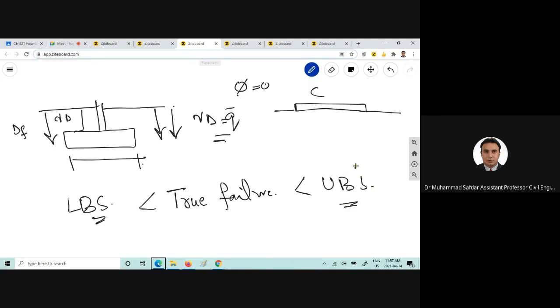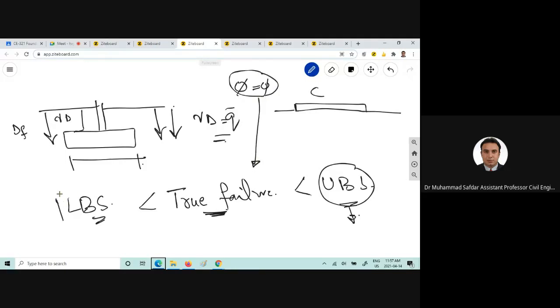Do you understand that the true failure value we are getting will be less than the upper bound solution and greater than the lower bound solution? Now, also, this is the case.